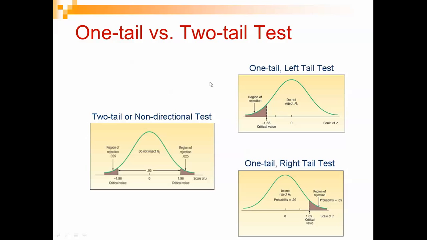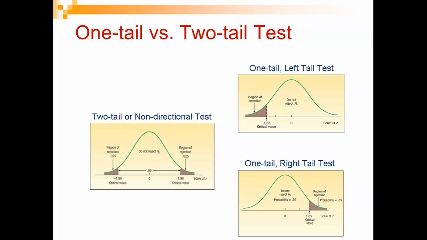For example, the top right diagram here depicts a left-tailed test, and that means that the null hypothesis is that mu is greater than or equal to some value that equates to a negative 1.65 z value. And then the alternate is that mu is less than some value that equates to a negative 1.65 z value.